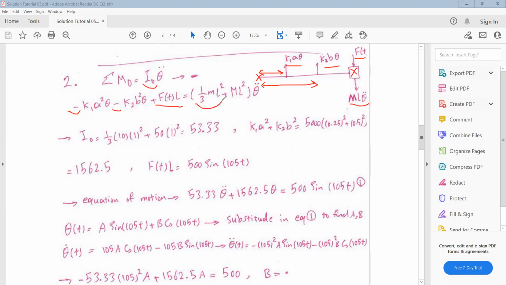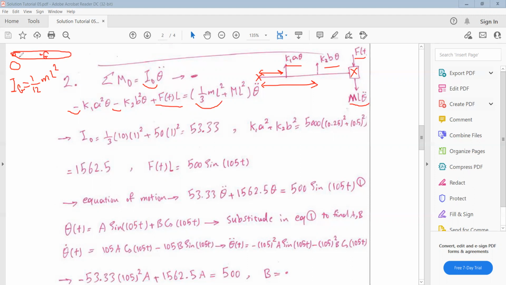This term, 1/3 mL squared, is the mass moment of inertia of the bar about point O. You know, for a bar, for example, if we assume this is a bar with mass center G, and this is point O, the mass moment of inertia about the mass center G is equal to 1/12 times mL squared. This is the mass moment of inertia about the mass center for a bar.